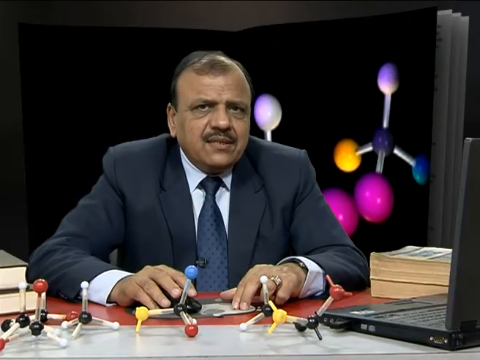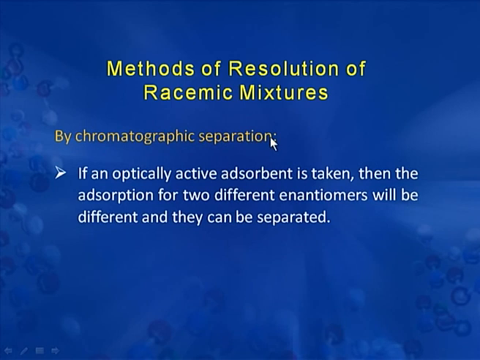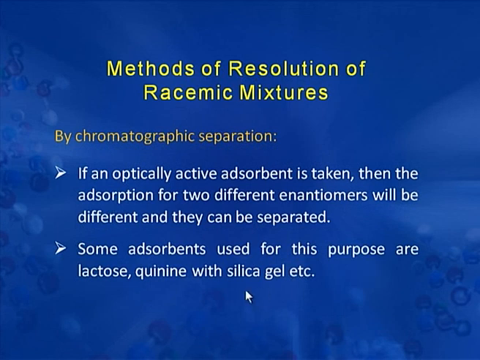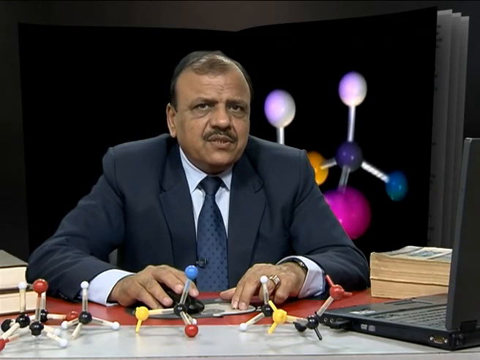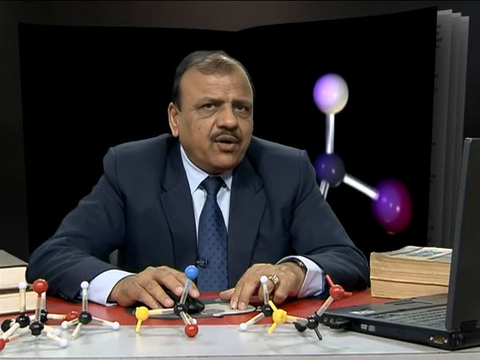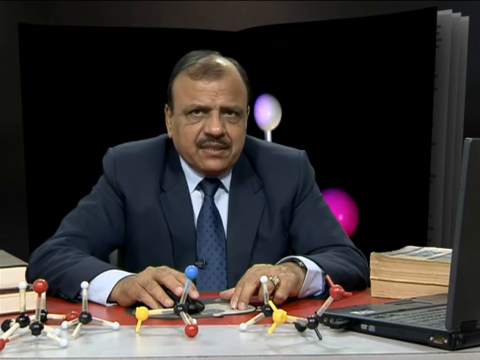Then one final method that is used these days is chromatographic separation, but this separation occurs when we use an adsorbent which itself is optically active, and some of the common adsorbents used these days are lactose, quinine with silica gel, etc. So, these are the methods which are in use for separation of a racemic mixture.